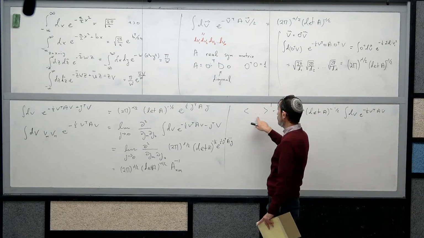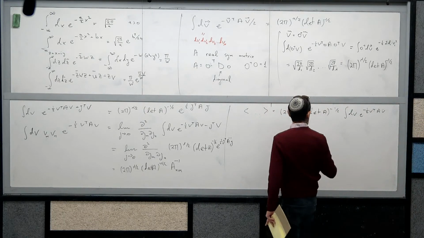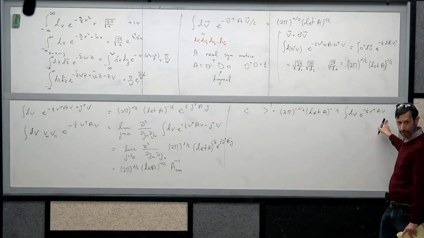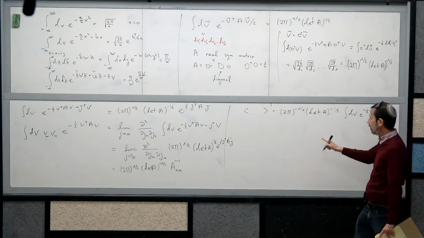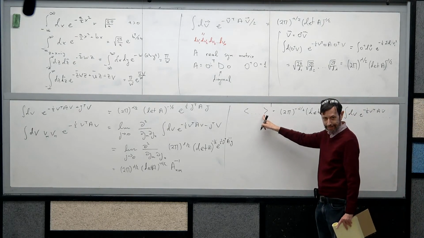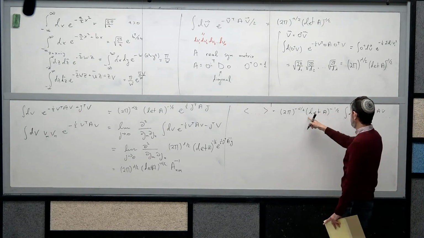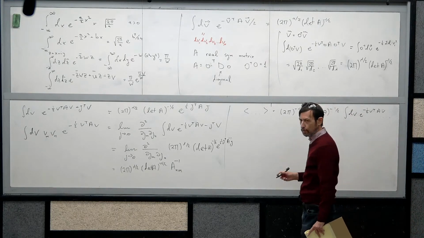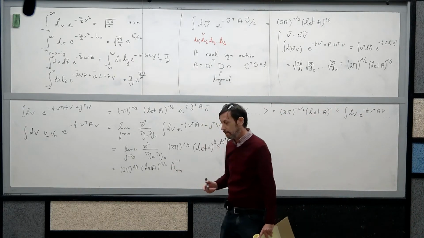If I write something in between these points, I mean that I multiply everything that appears within the bracket by this whole integral. Not in a moment, in a few minutes we'll see why this is good.